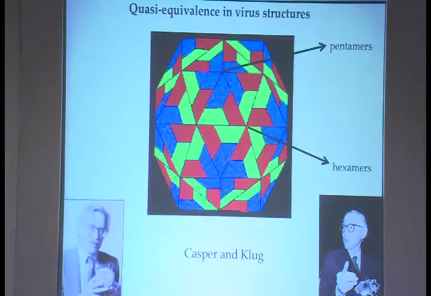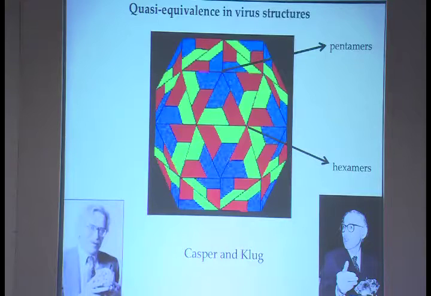As we will see tomorrow, different parts of the proteins that go into making up this quasi-equivalent structure may be doing different jobs based on where they're located and what their interaction with their neighbors is. So the quasi-equivalence theory actually explains quite a lot about the different functionalities of different parts of the virus structure.